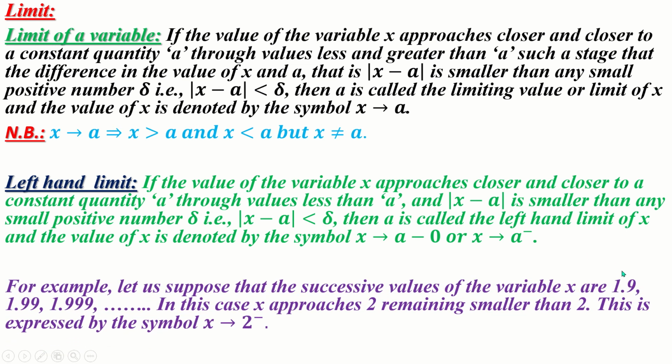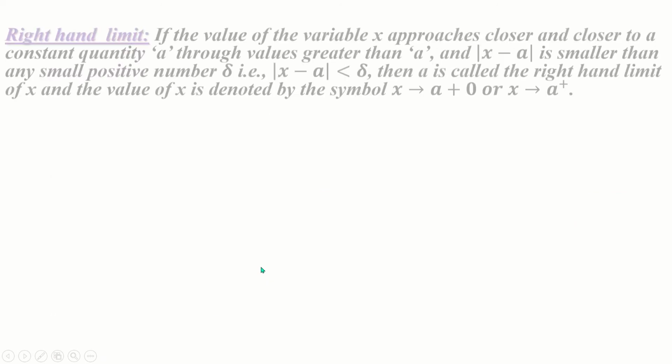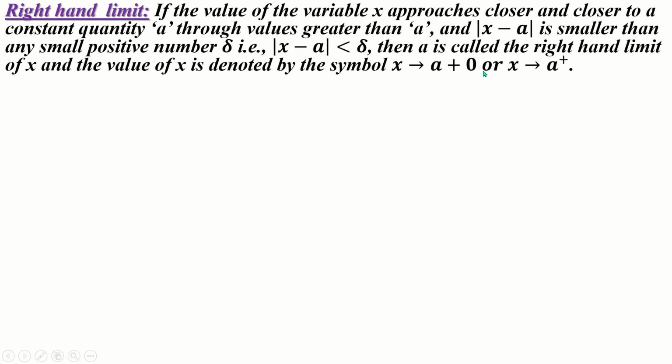And the other limit, right hand limit. I have already explained the left hand limit, but the right hand limit definition is the same, but here plus is used, or x tends to a to the power plus. That means the value of x will be greater than a.